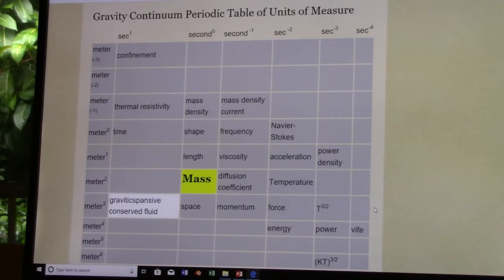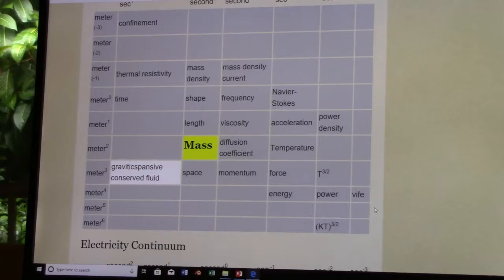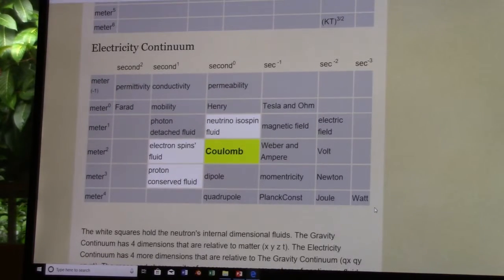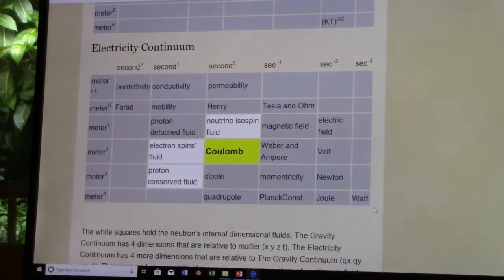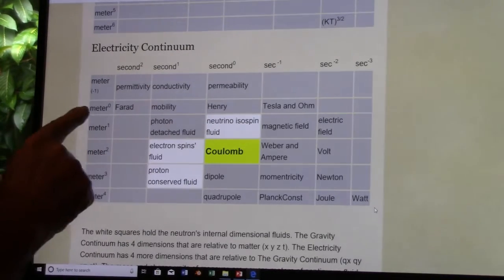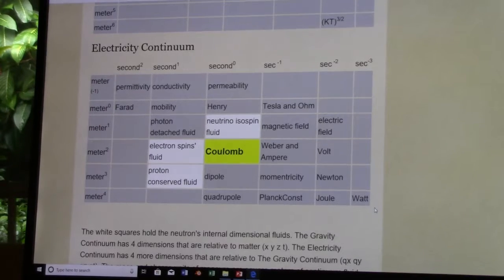That'll be explained later. But it's mostly important for the electricity continuum, where the Henry is seconds to the 0 power, and the Henry is meters to the 0 power. So that it's just a shape with no dimensions to its units of measure.